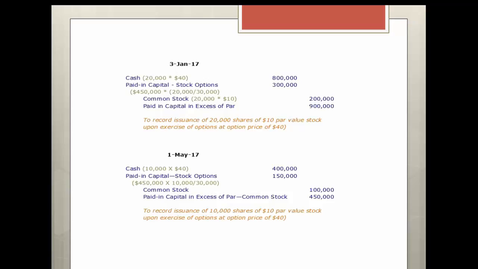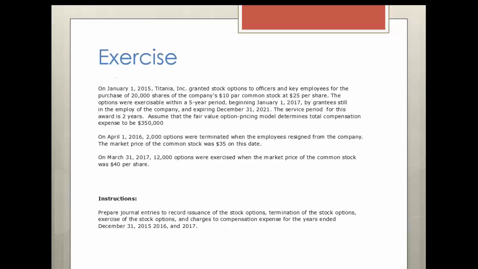And again, you notice that neither of these transactions takes into account the market value. The market value only means something because the market value is greater than the strike price. Therefore, the person will actually exercise the option. In this case, everybody exercised the options.